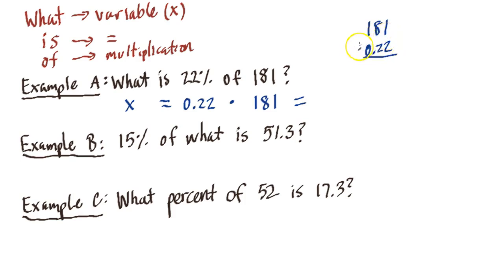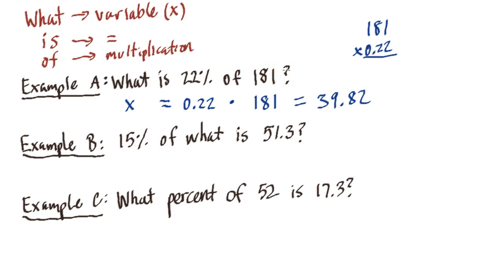We've gone through this before, but I'm going to do this on my calculator. And we find that the solution is 39.82. So 39.82 is our what? So what we would say is 39.82 is 22% of 181. Think about just substituting 39.82 in for the "what," and then just read it. And it should make some sense.